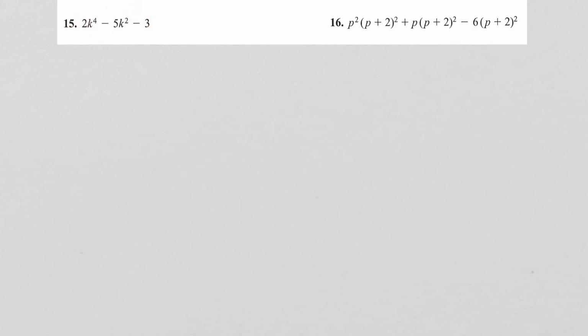I don't have any coefficients or any GCF that can come out, so I multiply that over and I get negative 6. So 1 is positive, 1 is negative. This tells me that the bigger one has to be negative. So 6 and 1. That multiplies to negative 6 but adds to negative 5. So I'm almost done. Half of this is 2, so I'm going to have k squared plus 1 and k squared minus 6.